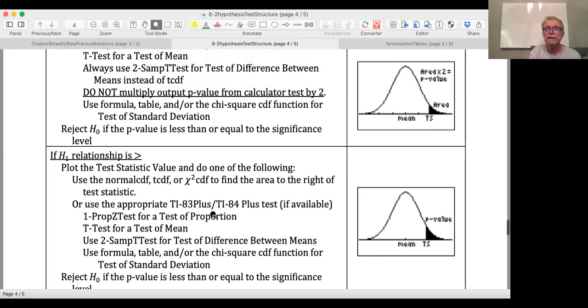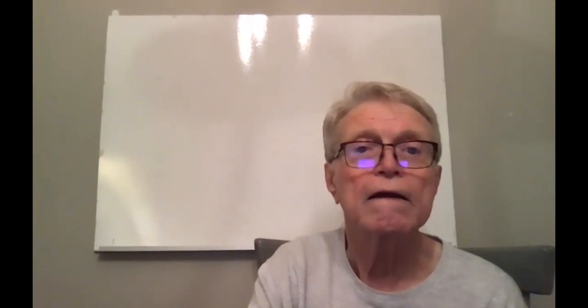Now that we know what we're doing for finding the p-value, let's go look at the problems that we did. I'm going to stop sharing and switch over.